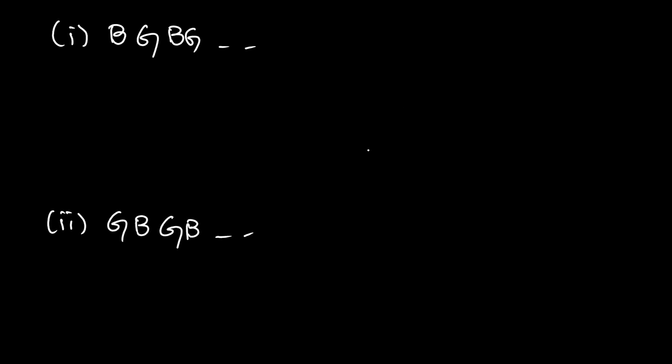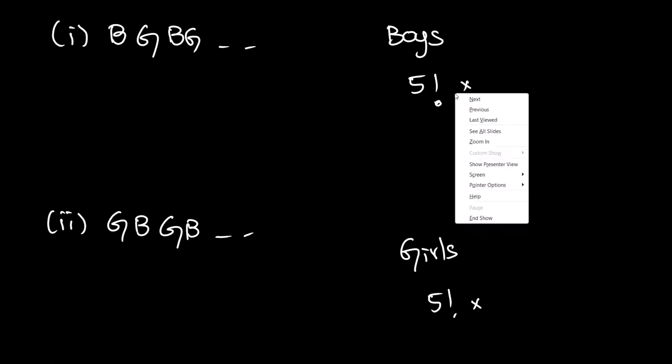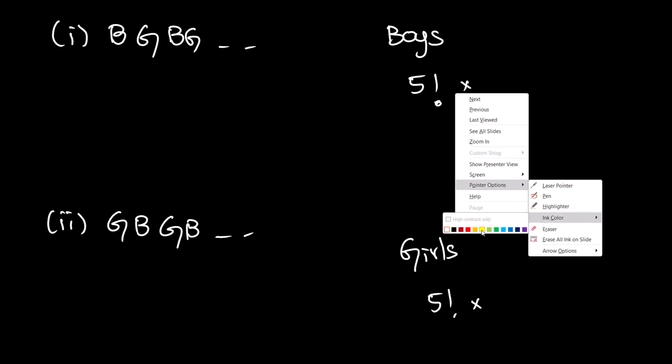How many boys are there? 5 boys, how many ways? 5 factorial. When I want to start with girls, I have to arrange girls. Girls can be arranged in 5 factorial ways. 5 factorial means 120.